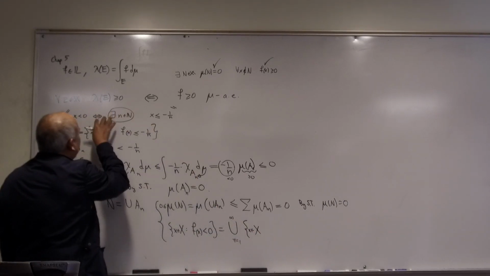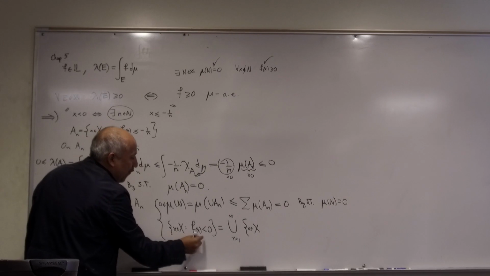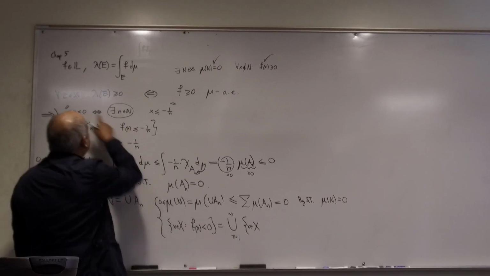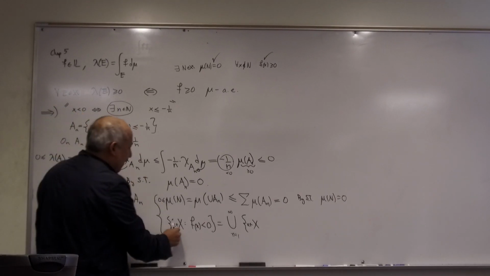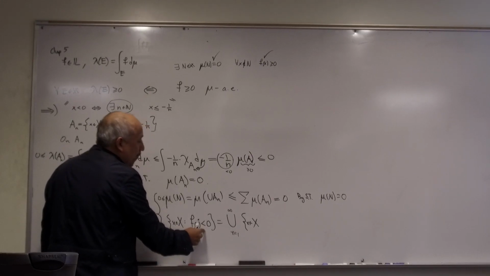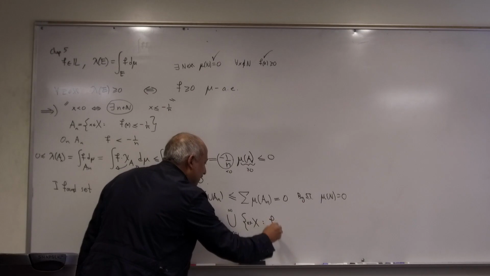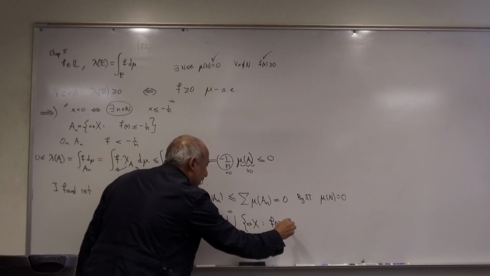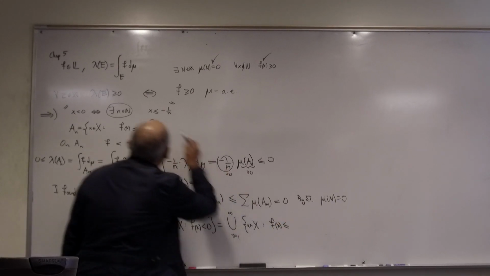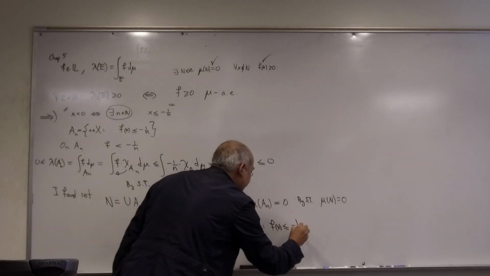This just translates into this union. So f of x is less than 0. Forget about x, you can call it f of x. f of x is less than 0. Therefore, there exists an n such that f of x is less than or equal to -1 over n.